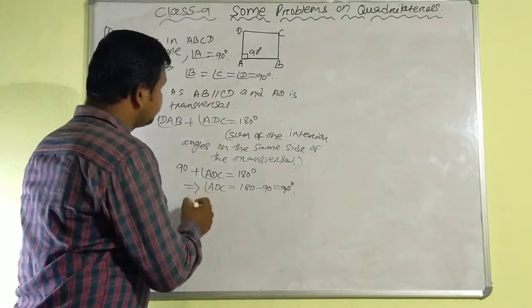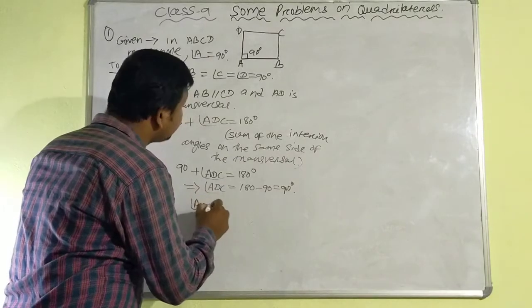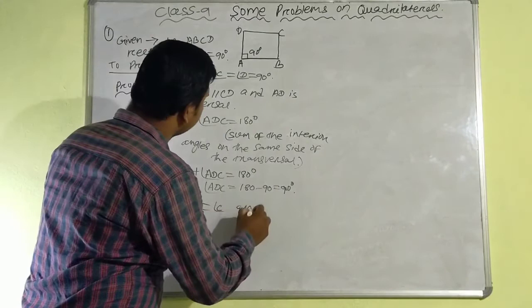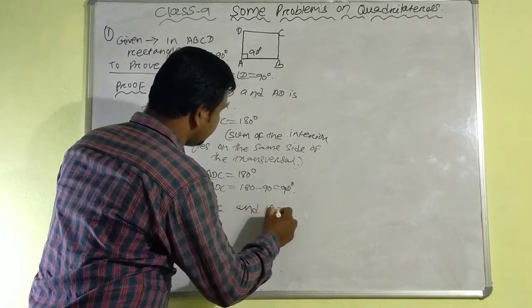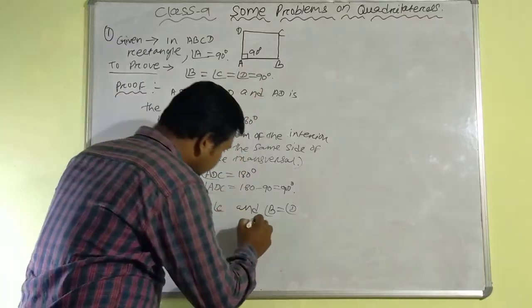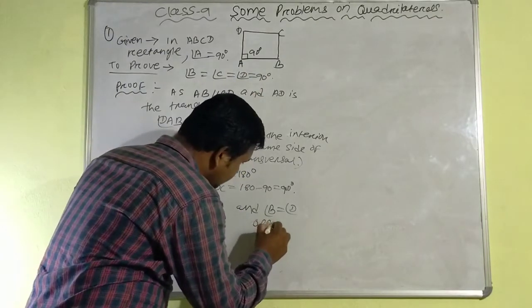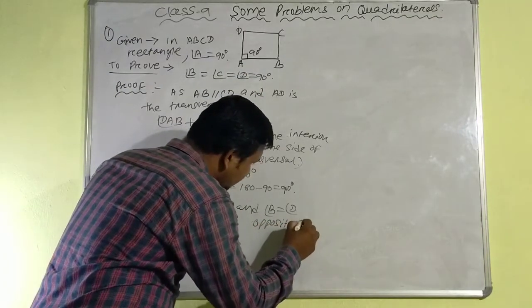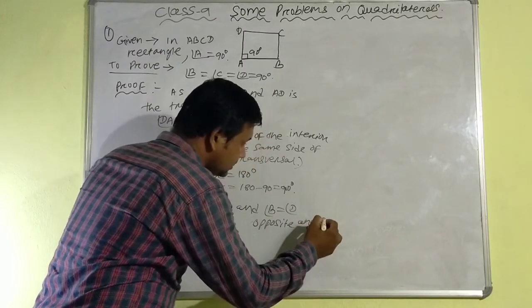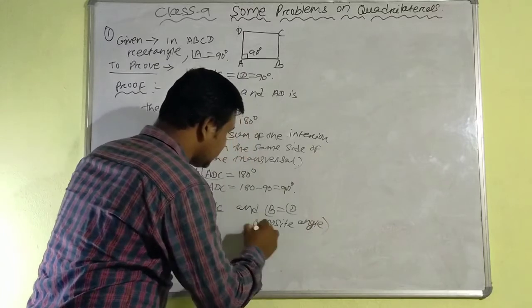So we know angle A is equal to angle C and angle B equal to angle D. Why? Because they are opposite angles. Opposite angles of a rectangle as well as a parallelogram are equal.